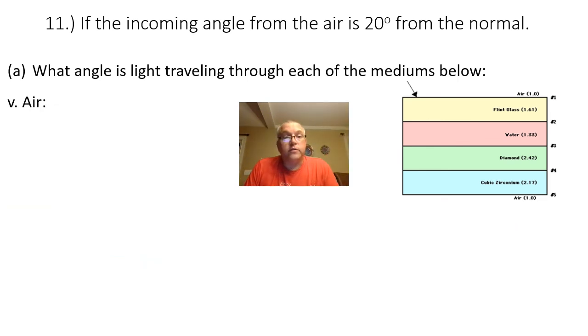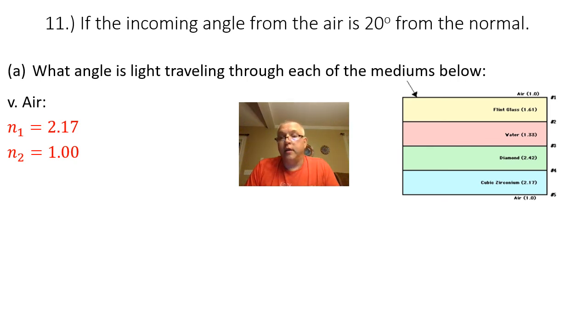And our final step, we are going from the cubic zirconia back into air. So now the cubic zirconia is my incident medium, and the air is my refractive medium. So for my incident medium, n1 is 2.17. My index of refraction for my refractive medium, the air, is 1.00.